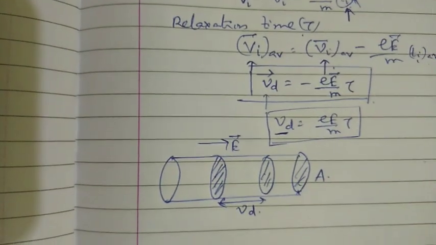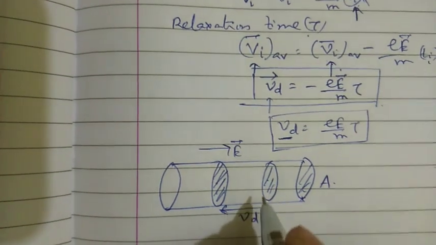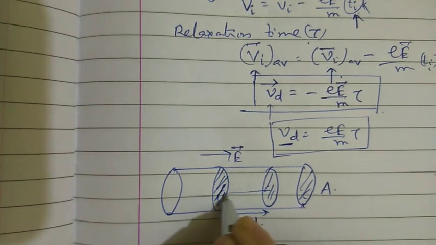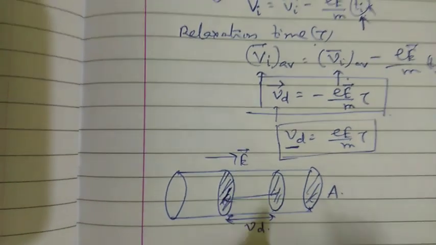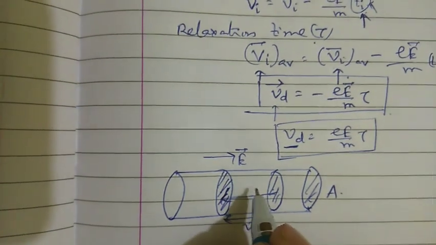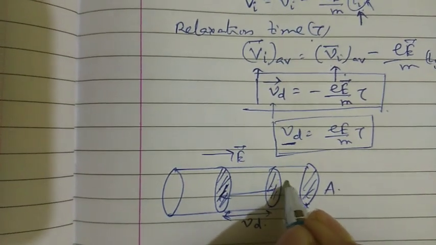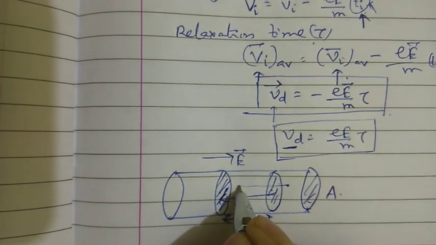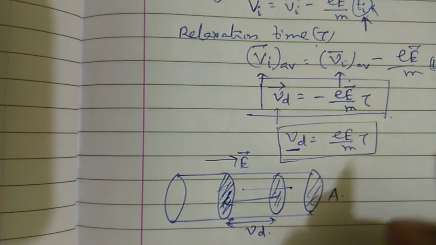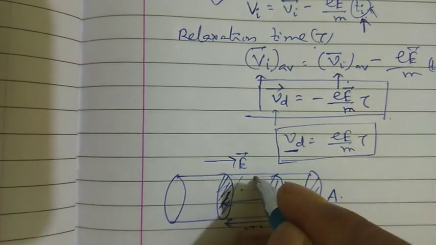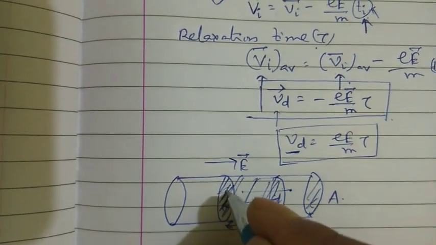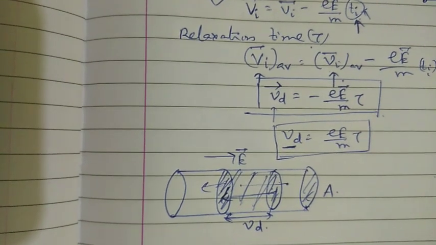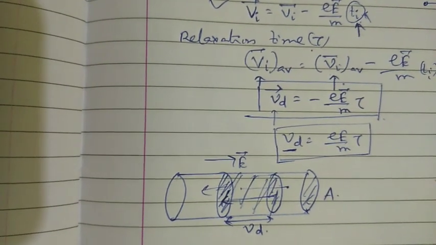The electrons which are at a distance Vd from this area will just cross it in 1 second. The electrons that are further back will go Vd distance like this, but they will not be able to cross it. So any electron which is inside this volume will cross it in 1 second. So in 1 second, the total number of electrons present in this volume will cross.